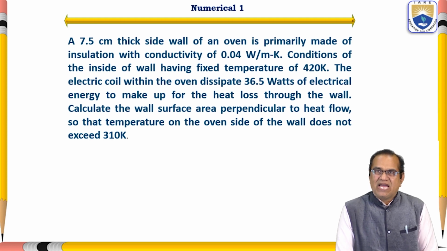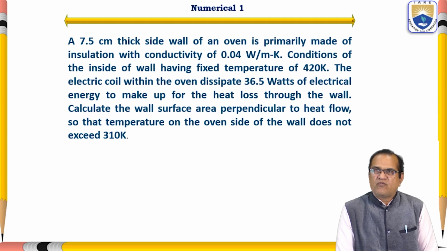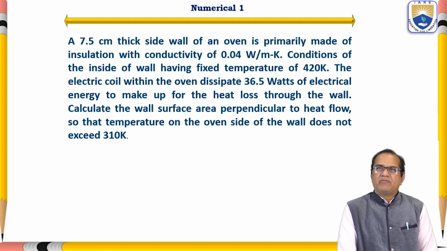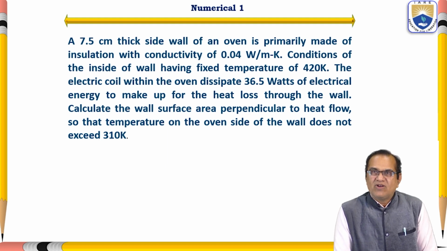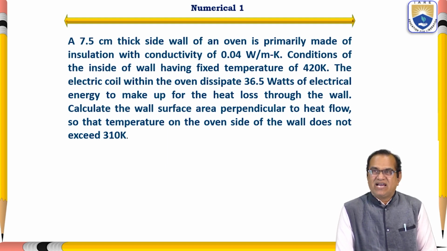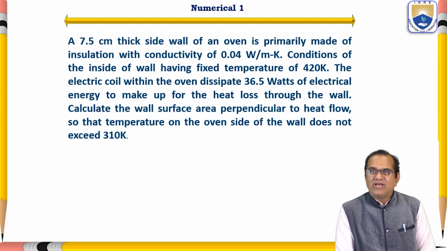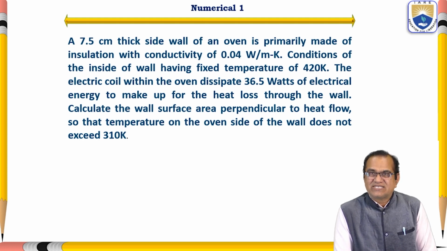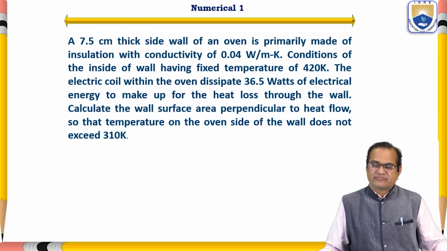The electric coil within the oven dissipates 36.5 watts of electric energy to make up for the heat lost through the wall. Calculate the wall surface area perpendicular to heat flow so that the temperature on the oven side of the wall does not exceed 310 Kelvin.